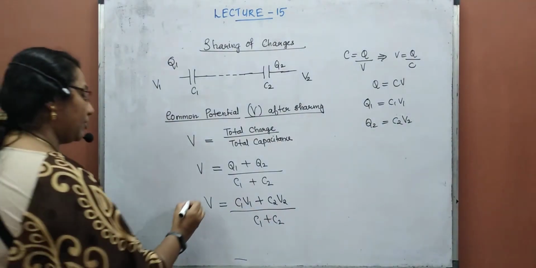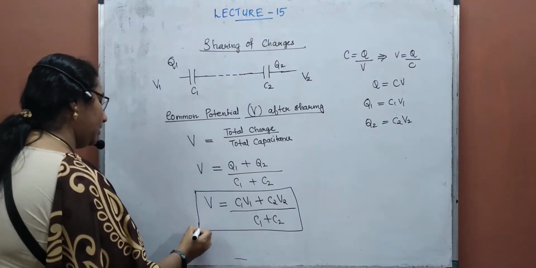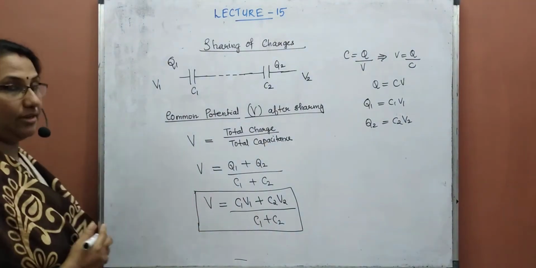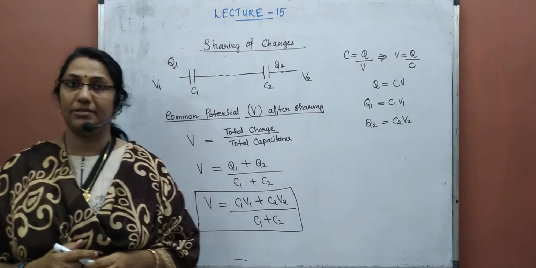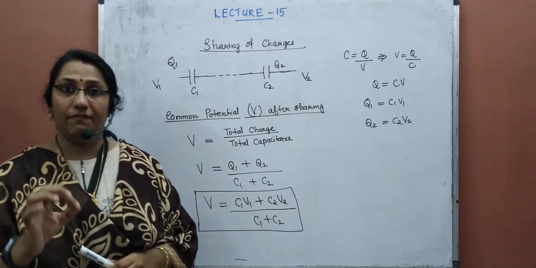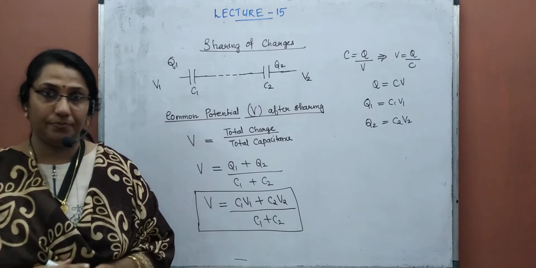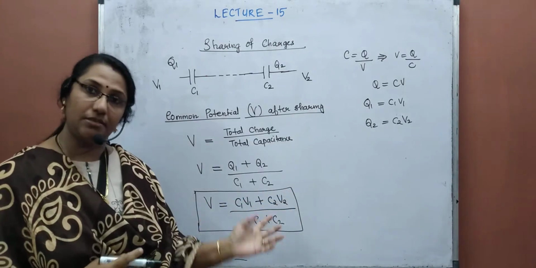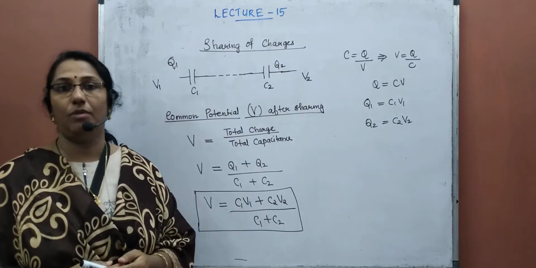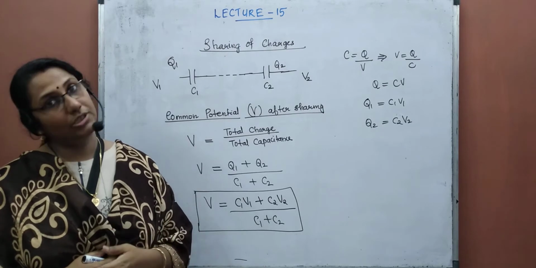This is the important basic equation: the common potential after sharing of charges by two different capacitors at two different potentials. The numerator is the total charge and the denominator is the total capacitance.